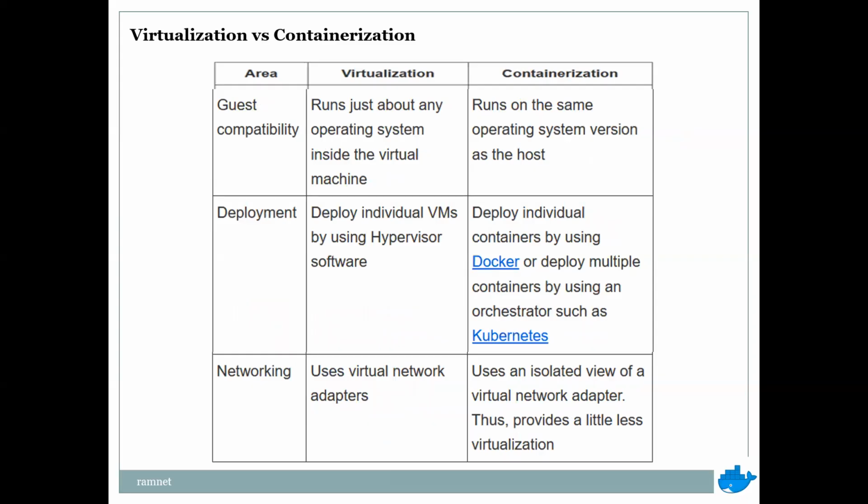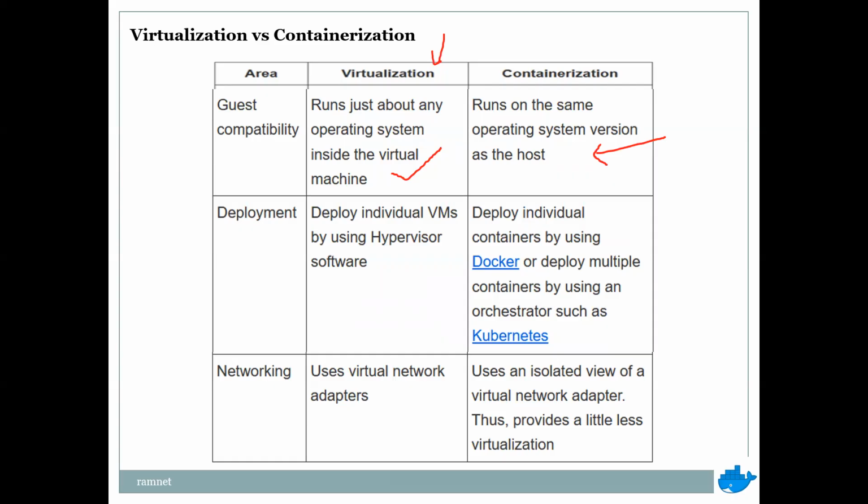Guest compatibility. Virtualization runs just about any OS inside the virtual machine. Possible. We can install Mac OS, Linux, or some other operating system. But containerization runs on the same operating system version as the host. So there will be a problem here.